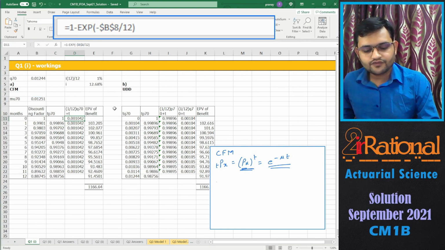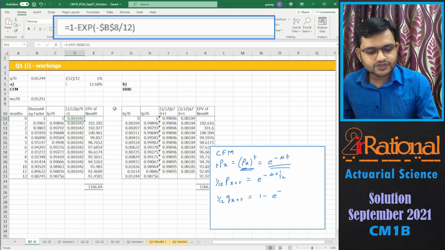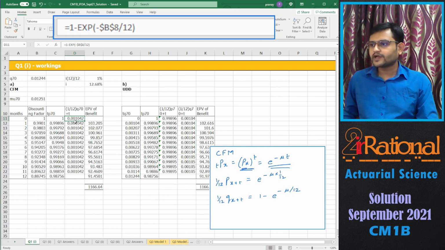Because our force of mortality is going to stay constant, 1/12 px plus t will be nothing but e raised to minus mu into 1/12. Therefore 1/12 qx plus t will just be 1 minus e raised to minus mu by 12. So that is what I have used here to calculate my q values. It is exactly the same for all years.